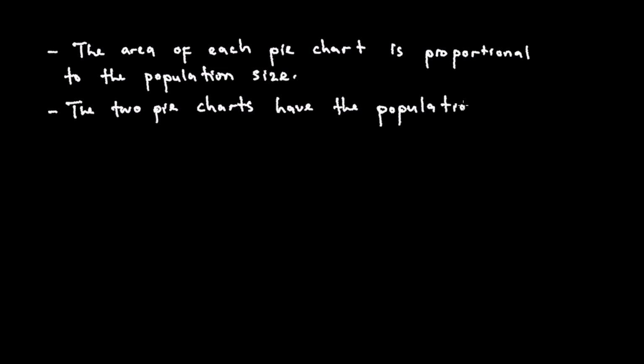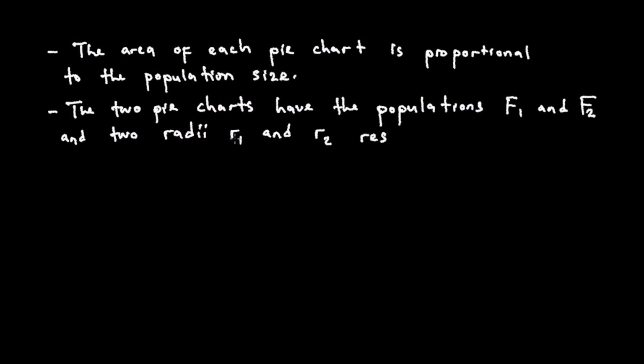So they have two populations, F1 and F2, and two radii, R1 and R2 respectively. F1 is associated with R1, F2 is associated with R2.